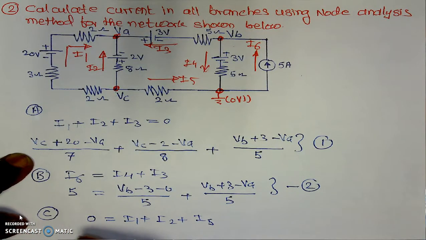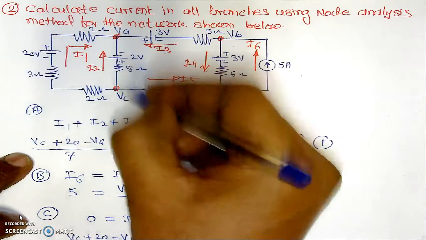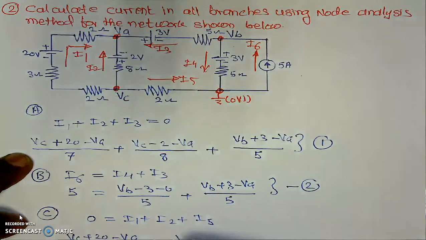So 0 is equal to VC plus 20 minus VA divided by its resistance, that is 7, plus I2. I2 is the current in this branch which is upward, VC minus 2 minus VA divided by its resistance which is 8, plus I5.